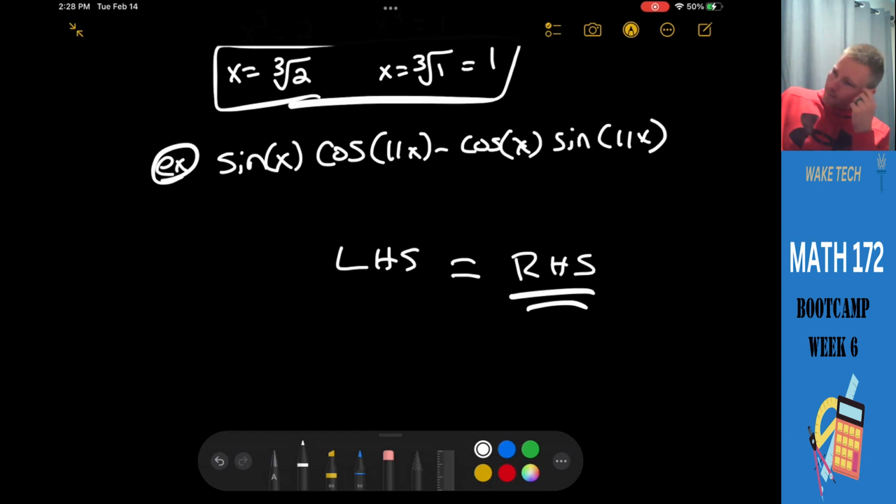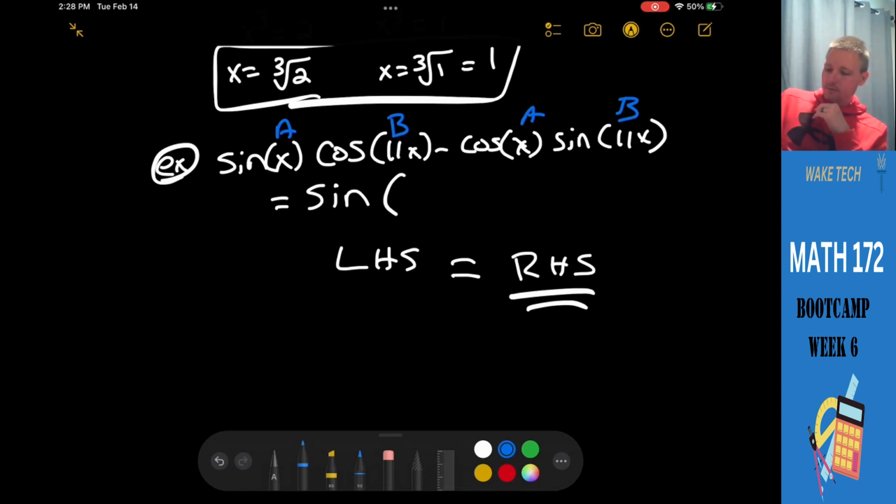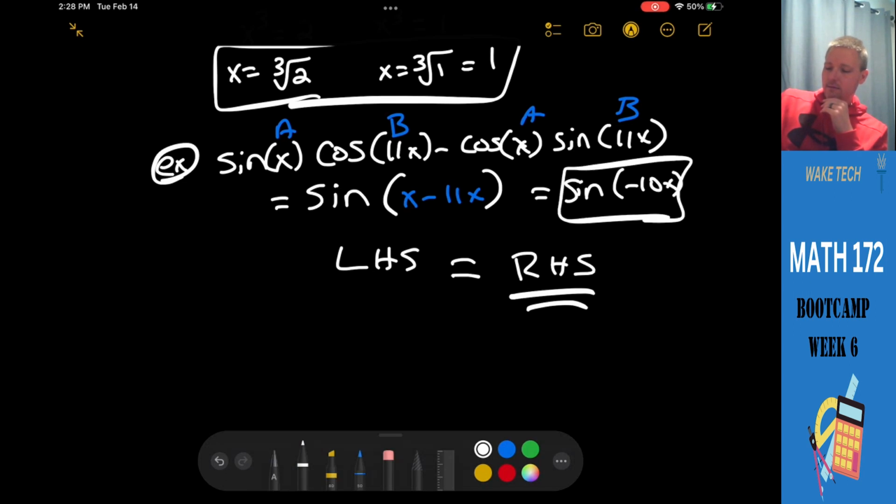So open that up and look on the right side of those equations and find the one that matches sine cosine minus cosine sine. Looks like sine of A minus B. Yeah, so this whole thing is equal to the sine of x minus 11x, which is the sine of negative 10x. Oh, okay.